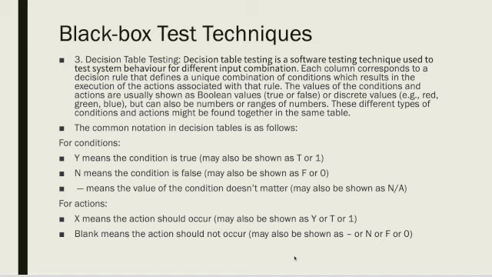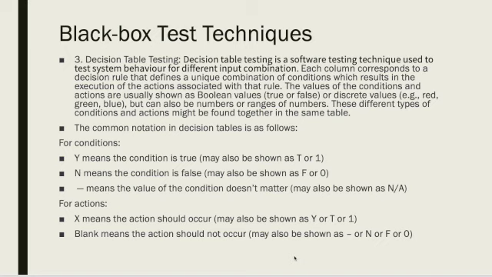The next testing technique that we'll consider is what we call decision table. Decision table testing is a software testing technique that is used to test system behavior for different input combinations. Each column corresponds to a decision rule that defines a unique combination of conditions which will result in the execution of actions.